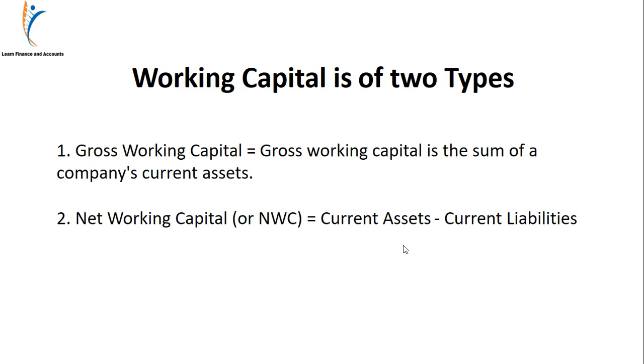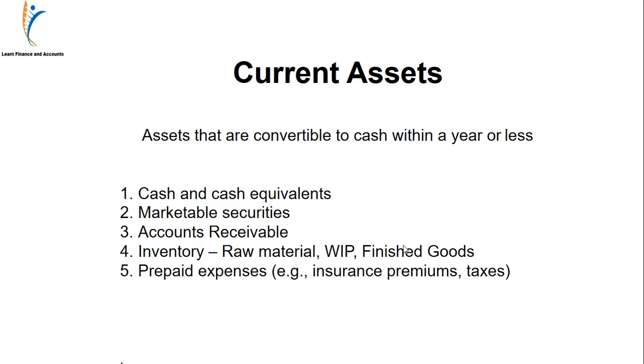Now we will understand what are current assets. Current assets are the assets which are convertible into cash within a period of 1 year or less. These are of five types: cash and cash equivalents, second, marketable securities, third is accounts receivable, fourth is inventory.